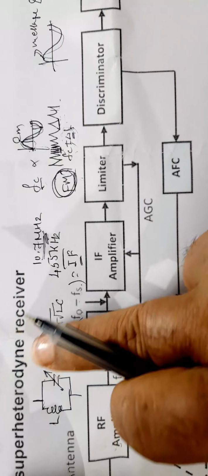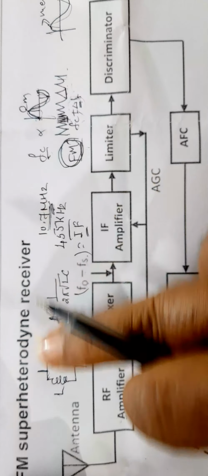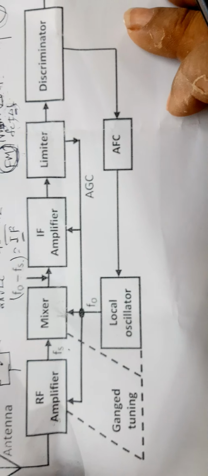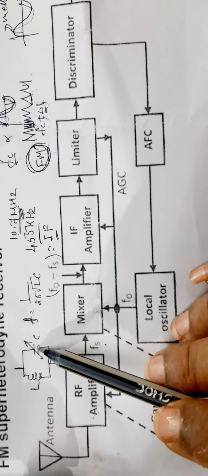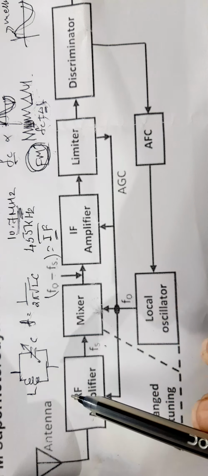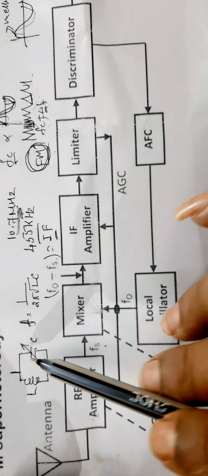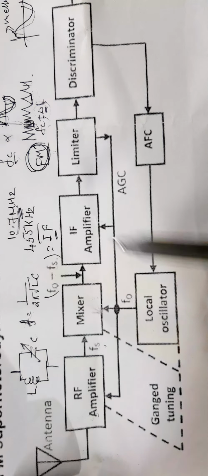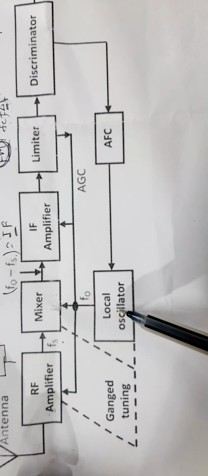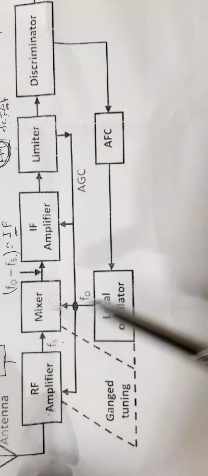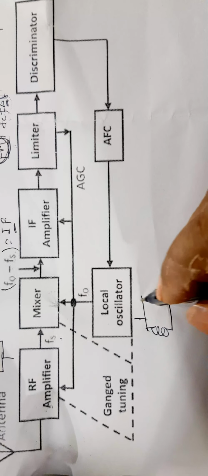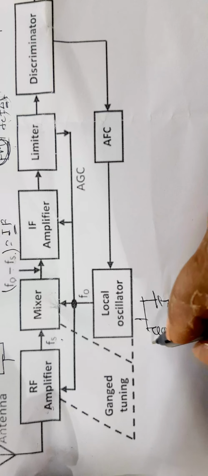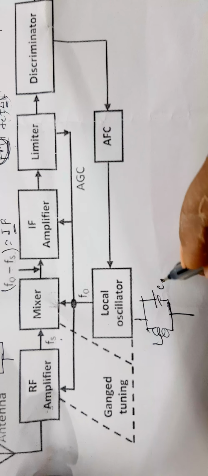So, this is a simple block diagram of the FM superheterodyne receiver. You see here, the RF amplifier has a capacitor in order to select a particular frequency. The mixer also has a tank circuit. And the local oscillator, to produce frequency, must have a tank circuit, where L is connected in parallel with C naught.